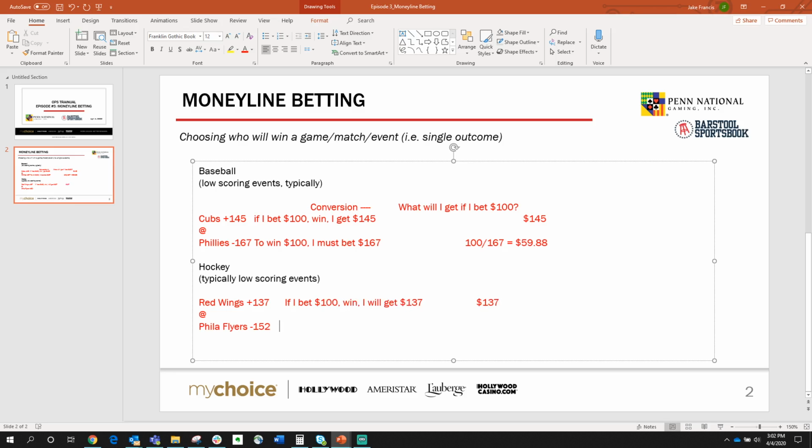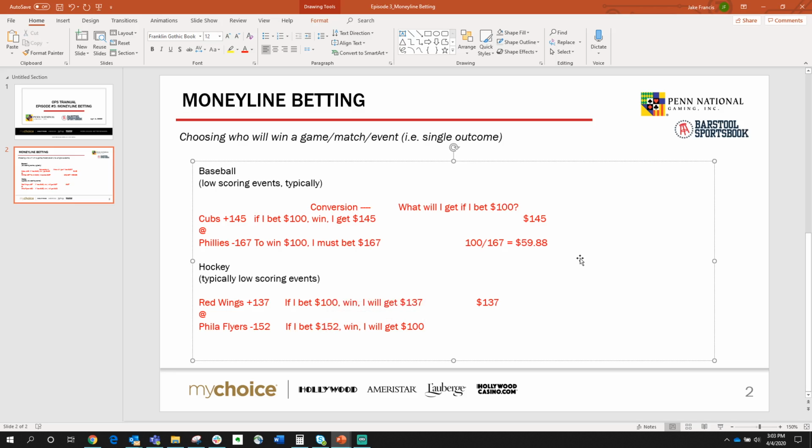However, down on the Flyers, remember they are the favorite. If I bet $152, win, I will get, correct, 100. Okay, but what does that mean to the layperson? Here you're betting $152, but what if you only bet $100?